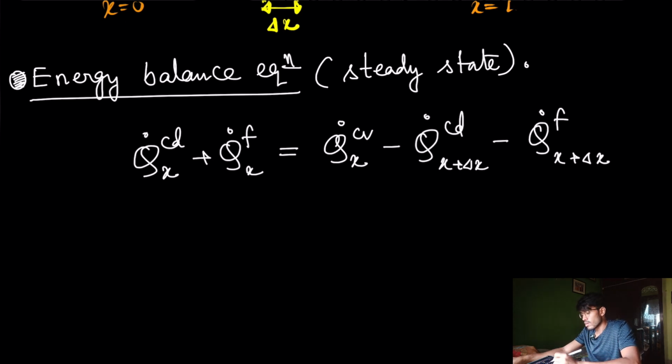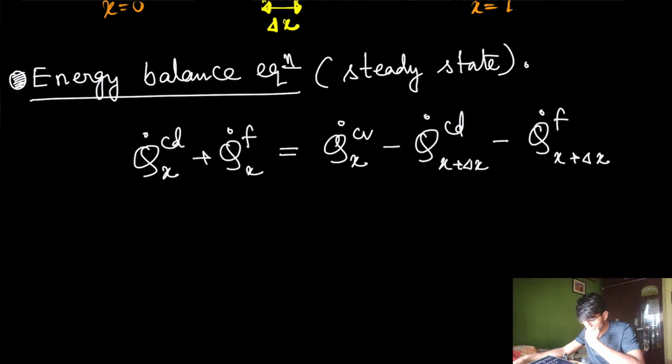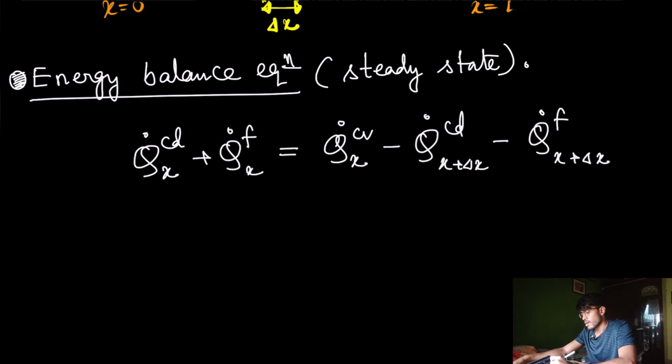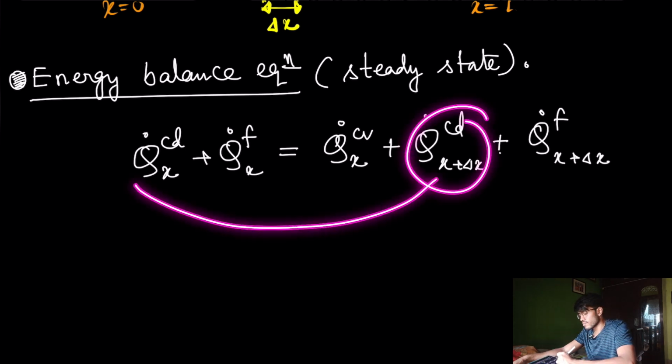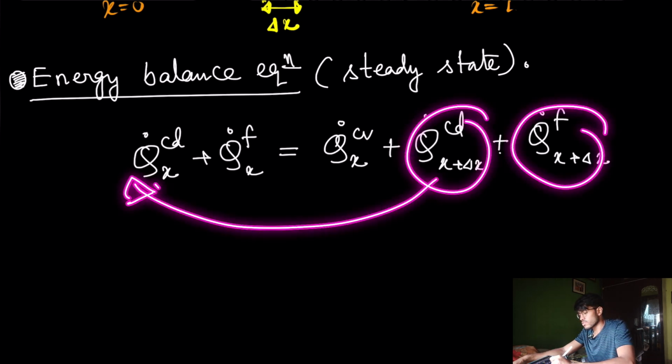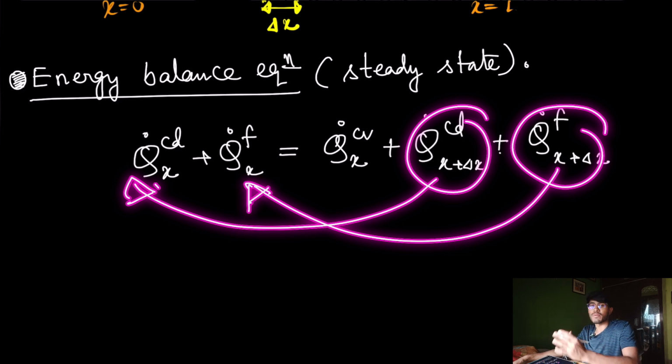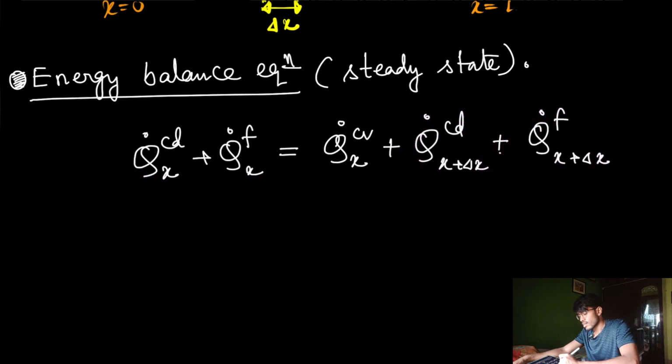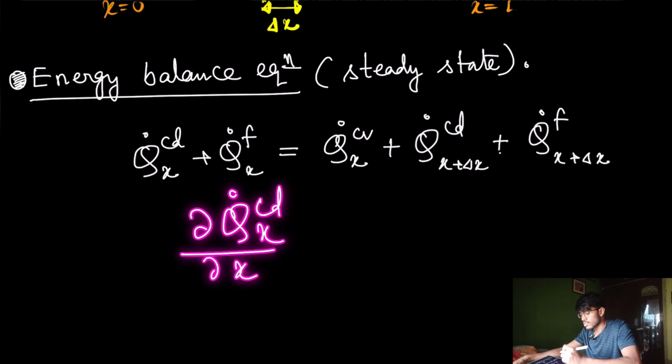Now we can do one thing. You can put this one here and this one here, and divide by delta x to get del qx conduction by delta x, right?